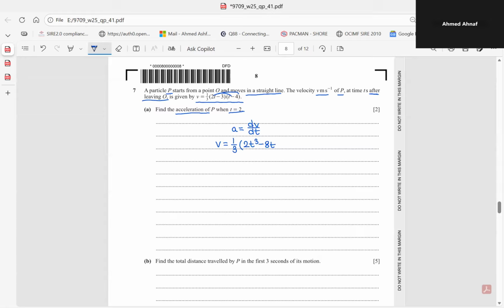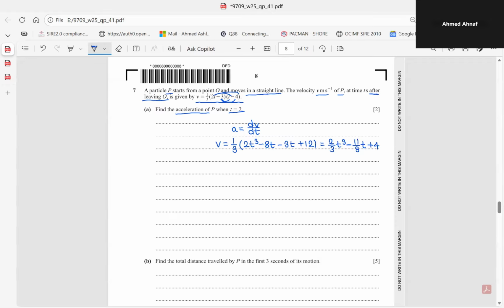Minus 3 times t is minus 3t. Minus 3 times minus 4 is plus 12. Now we shift it over: 2 over 3 t cubed, minus 8t minus 3t is minus 11t, so minus 11 over 3 t, plus 12 times 1/3 is plus 4. So this is our expression for v.